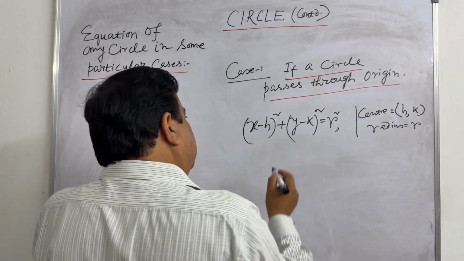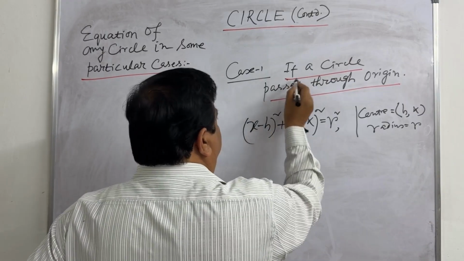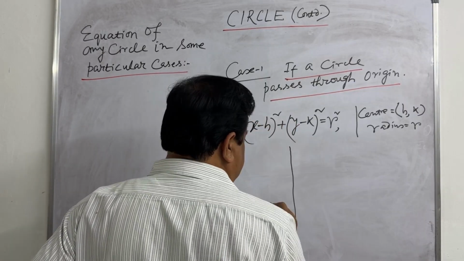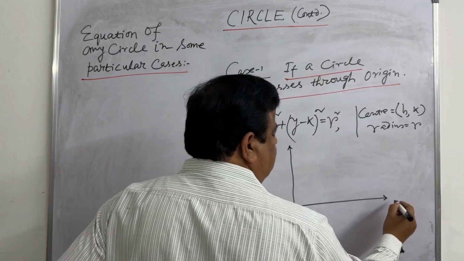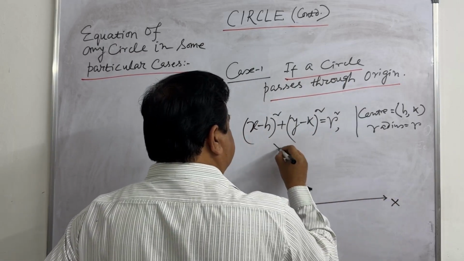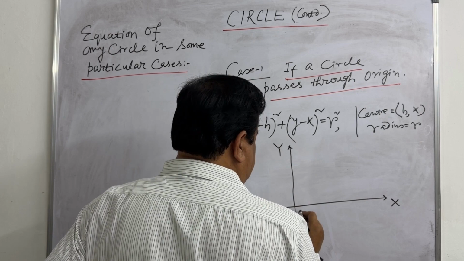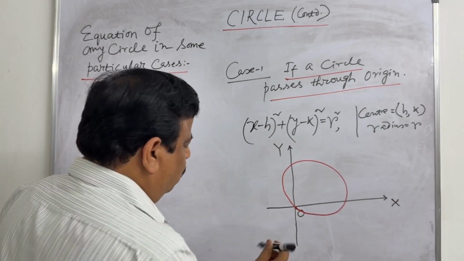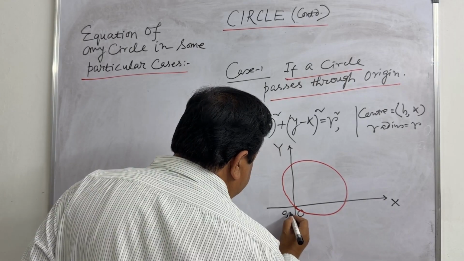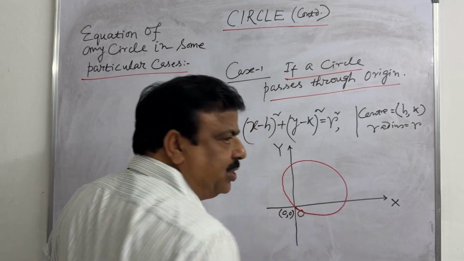Okay, if we draw this circle in the coordinate system, this is x-axis, say this is y-axis, and here is your origin. This may be the circle which is passing through the origin. Coordinate of origin, you know, is 0, 0.